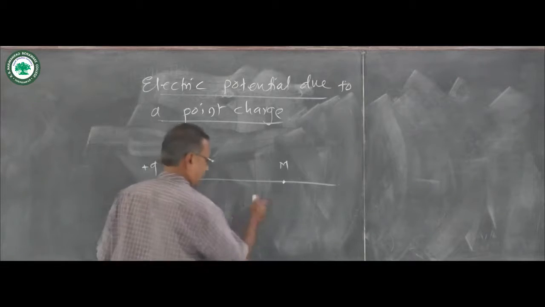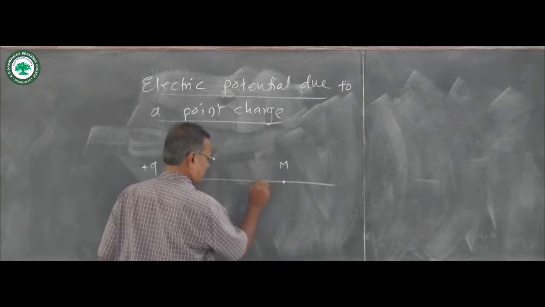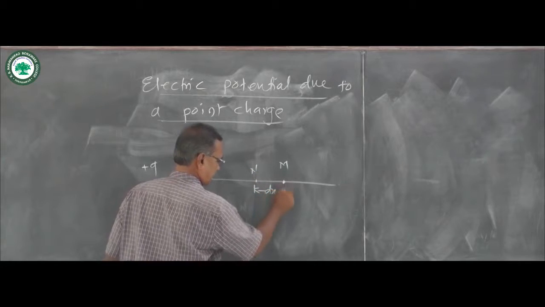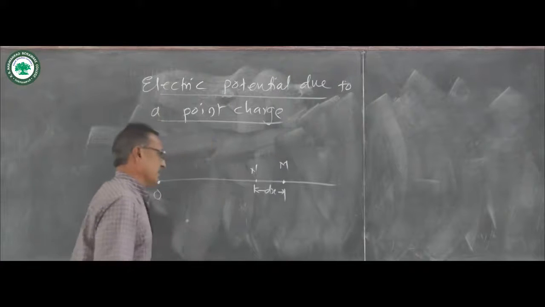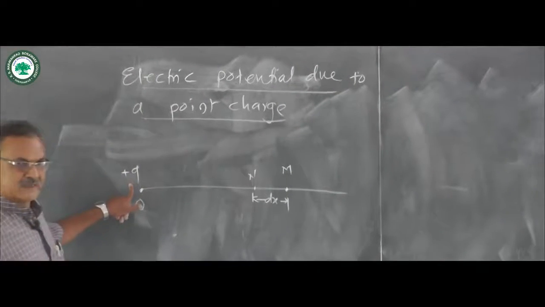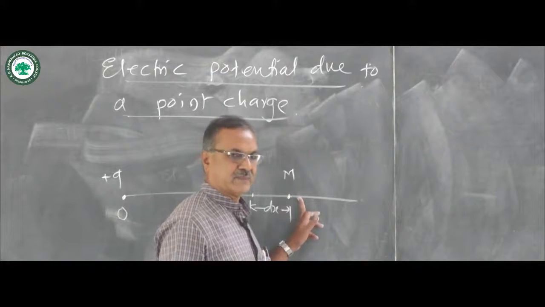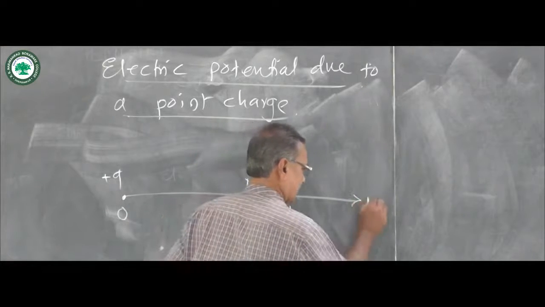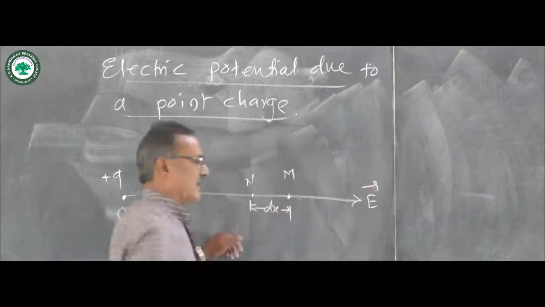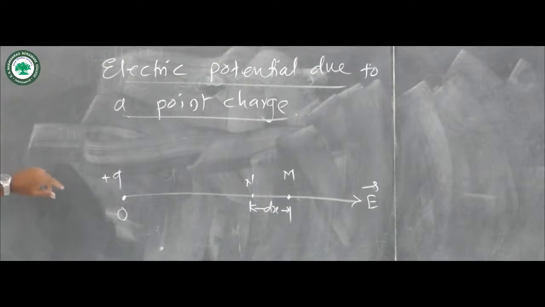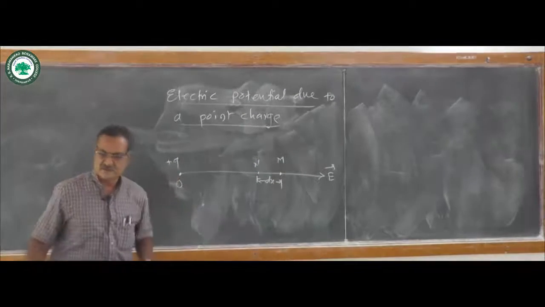The charge is displaced from M to, suppose, N, then it covers a distance dx. The plus Q charge exerts a force on the charge which is situated at point M, and therefore its electric intensity is to the right-hand side, that is, the direction of electric intensity is away from the charge.